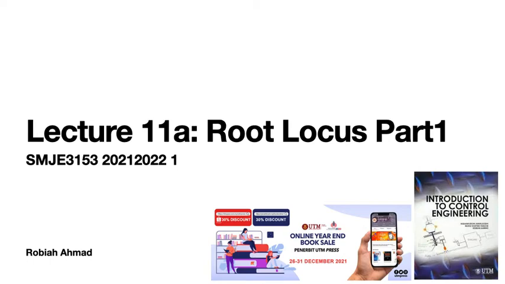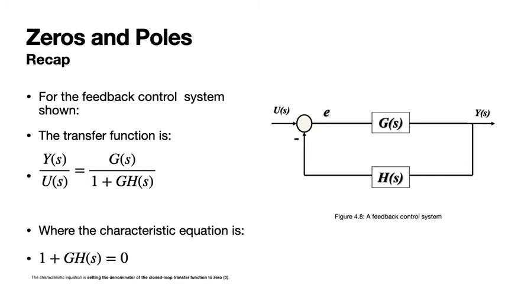Okay, let us start our lecture. First of all, let us recap on the previous note on control system. If you look at figure 4.8, this is a typical feedback control system where we have Y for the output of the system, U is the input, and G is the transfer function for the system that we are investigating, and H(s) is the transfer function of the feedback normally from the sensor that we attach to the system.